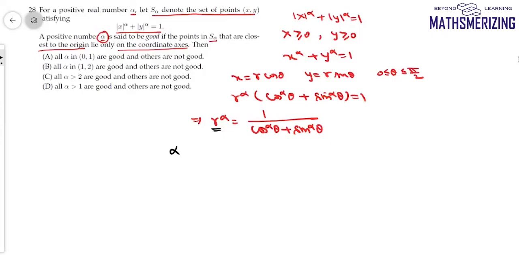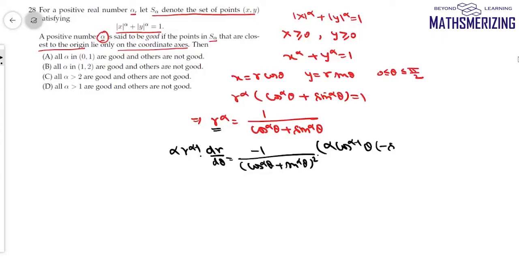So I'll differentiate. I'll write alpha r to the power alpha minus 1 dr upon d theta, and here I'll get minus 1 upon cos alpha theta plus sin to the power alpha theta whole square, and here I'll get alpha cos alpha minus 1 theta into minus sin theta plus alpha sin to the power alpha minus 1 theta into cos theta.